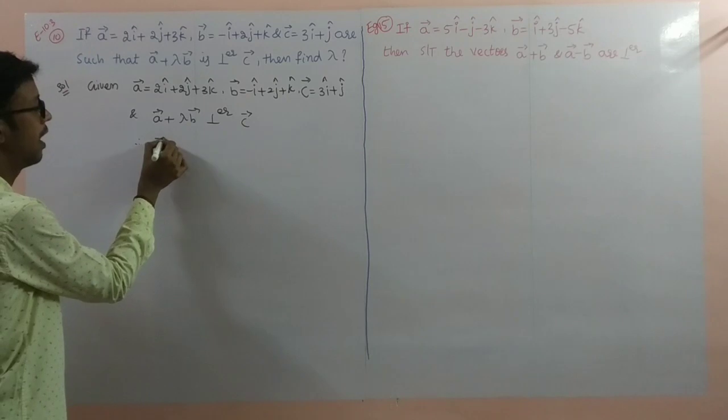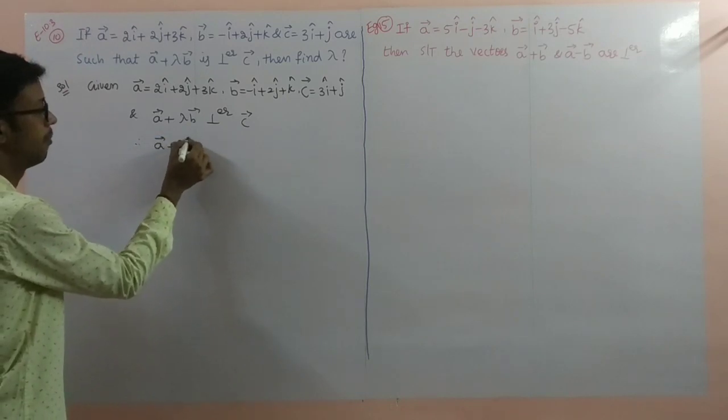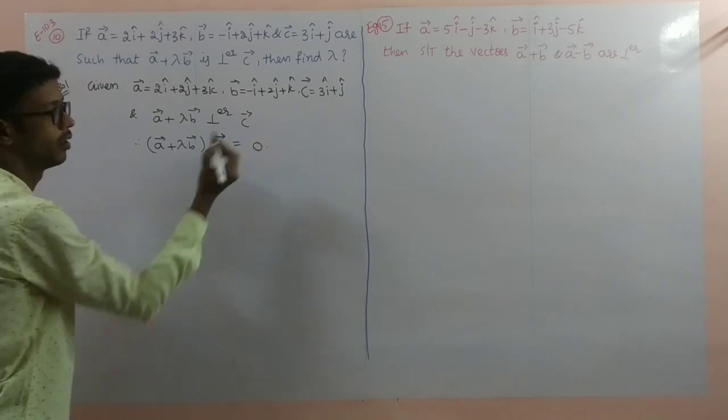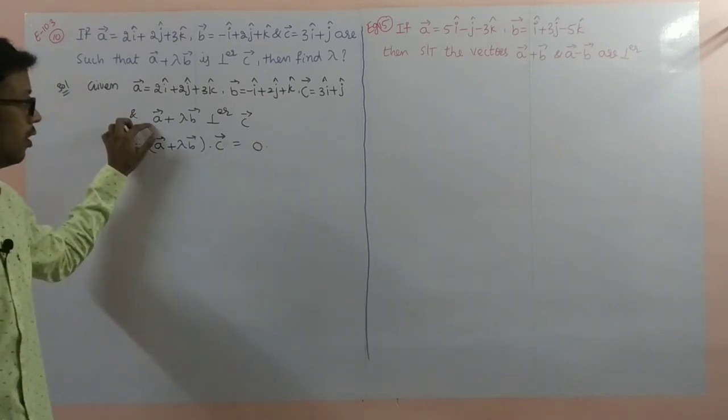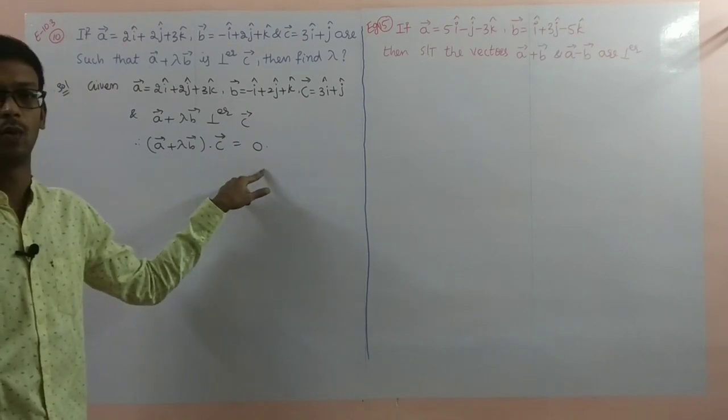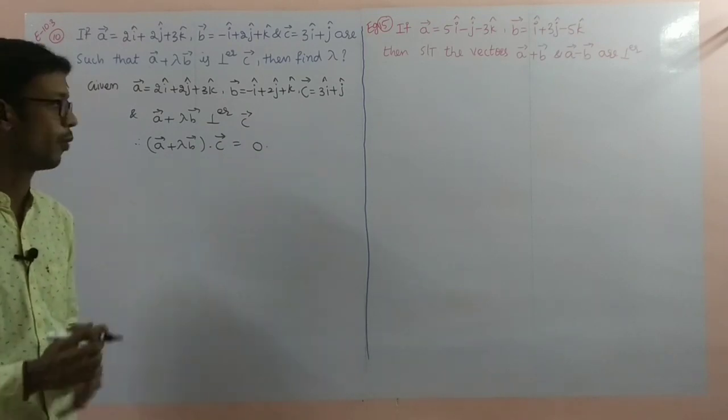Therefore, A bar plus lambda B bar dot product with C bar equals 0. If two vectors are perpendicular, then the dot product should be equal to 0. That is the note point I am using here.